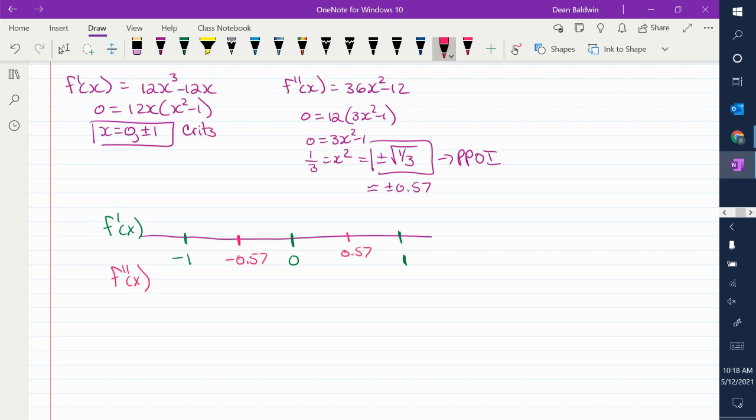So let's do the first derivative stuff first. In green, we only look at the green numbers. We don't look at the red numbers, so we're only doing first derivatives. Any number less than -1, let's say -2, we put into the first derivative. If I put -2 into this equation, do I get a positive or a negative number?